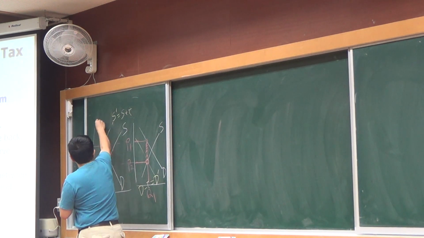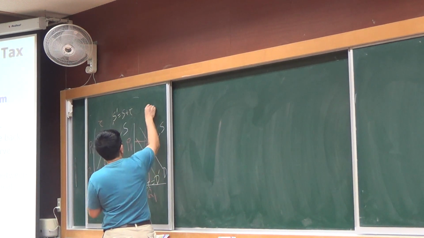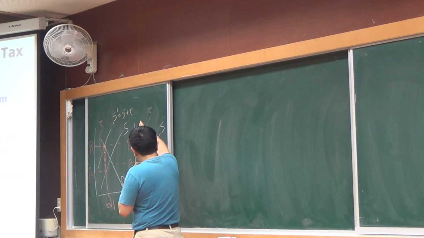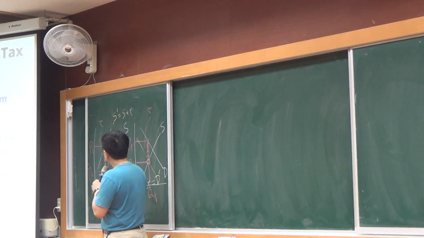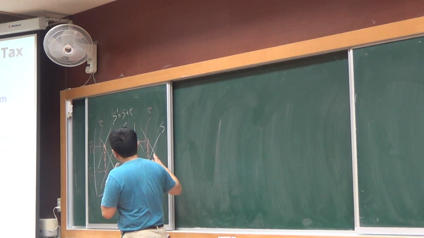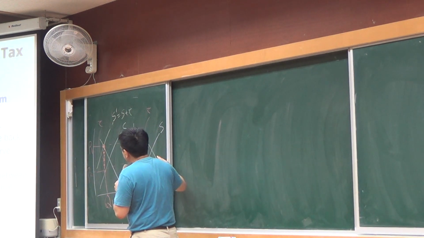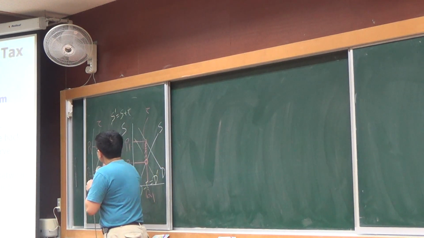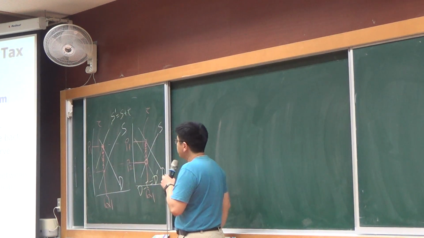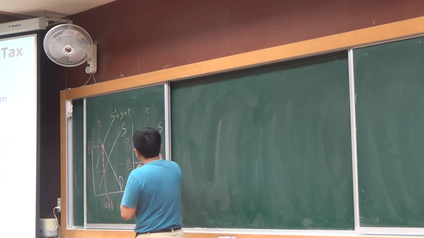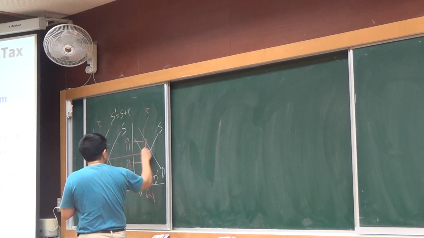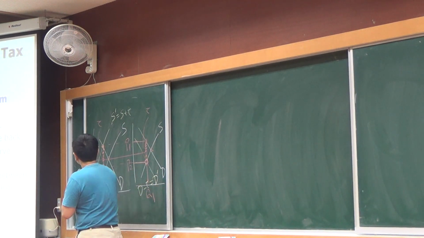Tau and tau. So we have the same demand curves in both diagrams and the same supply curves in both diagrams. And we have the same P0 here.